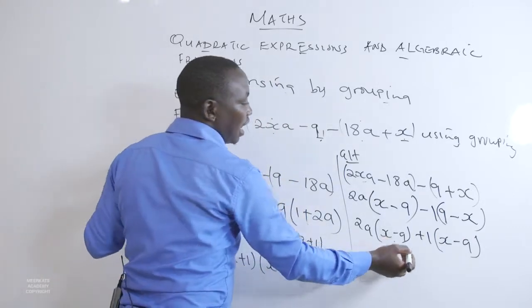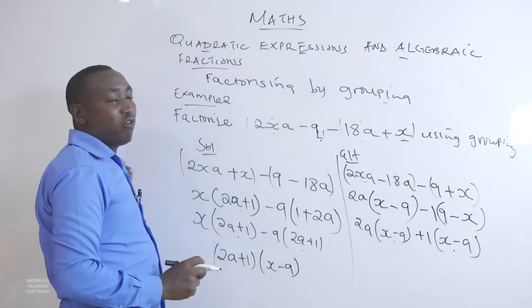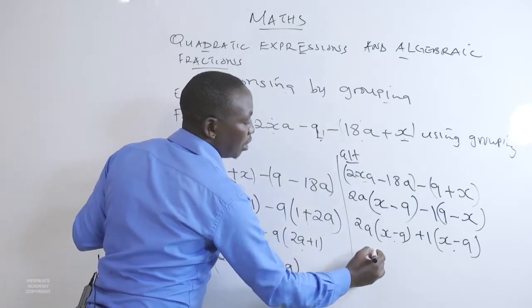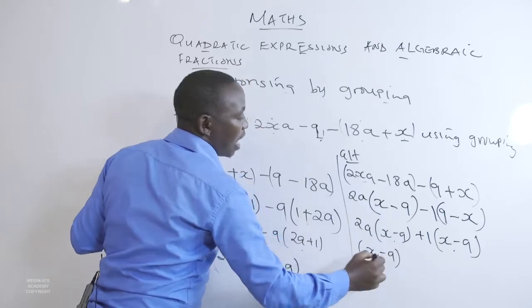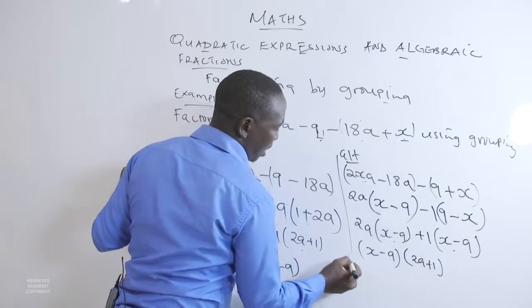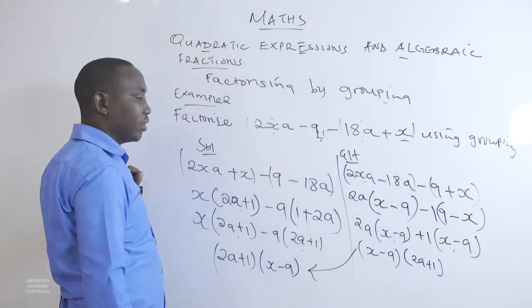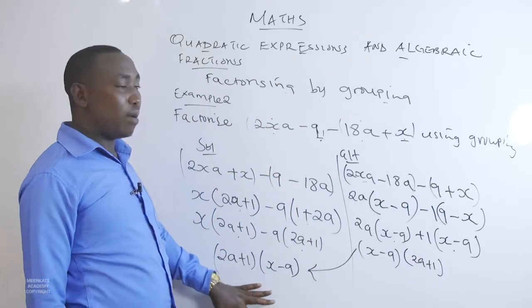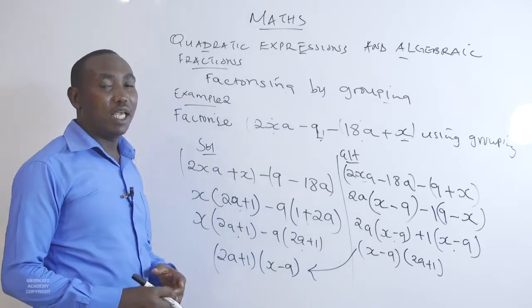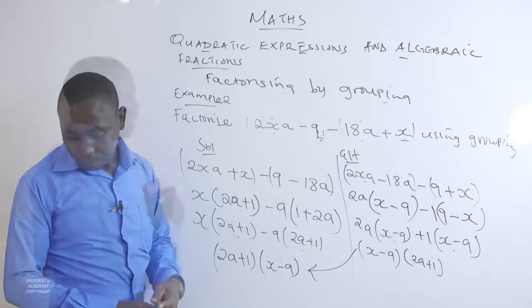So we finally end up with a pair of binomial factors, which we can take out. And this will be x minus 9 into 2a plus 1, which is more or less what we already have here, only that we are having the flipping of the 2.